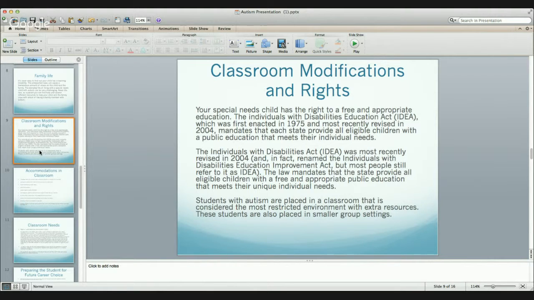IDEA was most recently revised in 2004 and in fact renamed the Individuals with Disabilities Education Improvement Act, but most people still refer to it as IDEA.